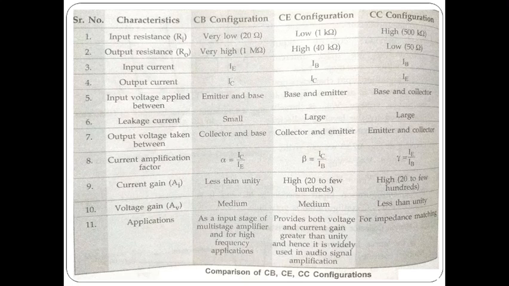So the common collector configuration is used in impedance matching, common base is used as the input stage for multi-stage amplifiers, and CE is used as a voltage and current amplifier, as well as for audio signal amplification. Yes, thank you.